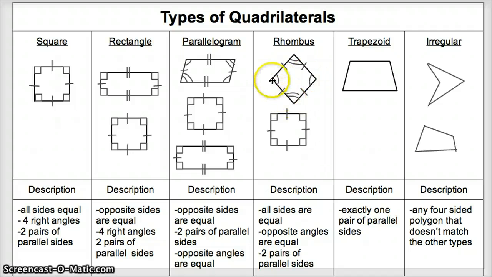Again, there's one pair. There's the second pair. Never would cross if you just draw a straight line. The only other shape that we have is a square, which is also a rhombus because it fits all the descriptions. All sides are equal, opposite angles are equal, and two pairs of parallel sides.